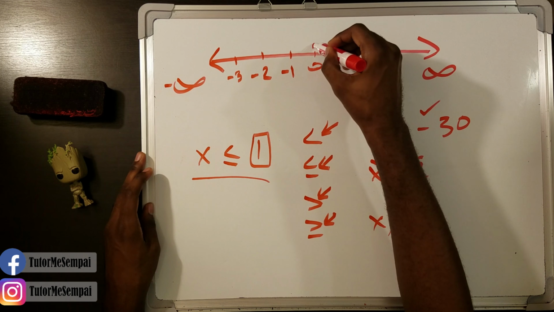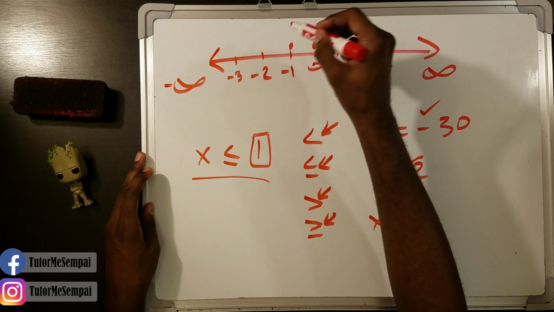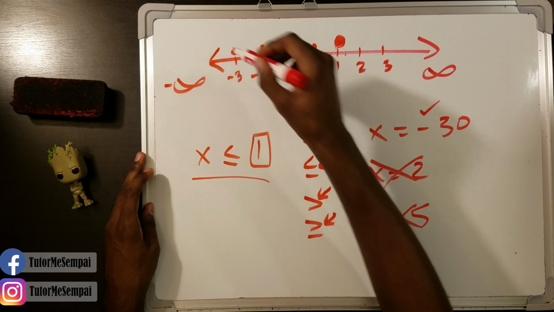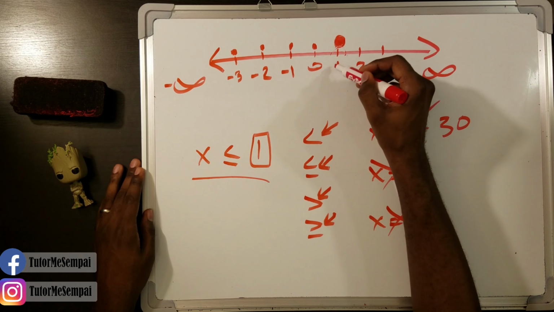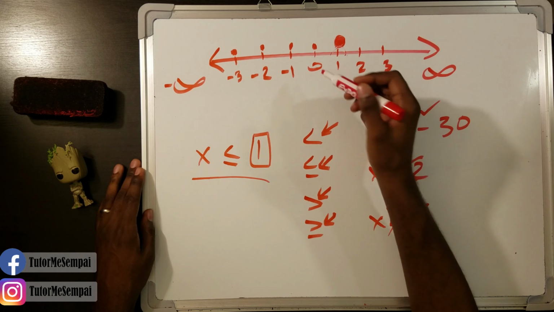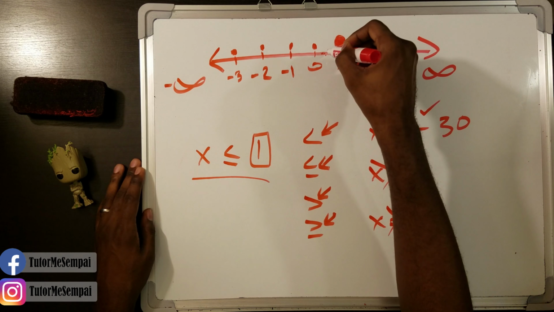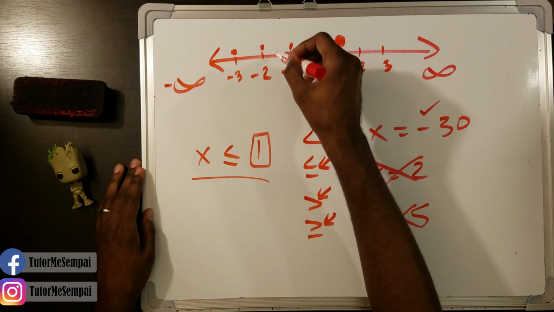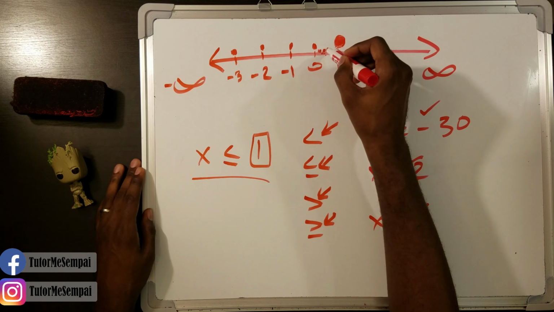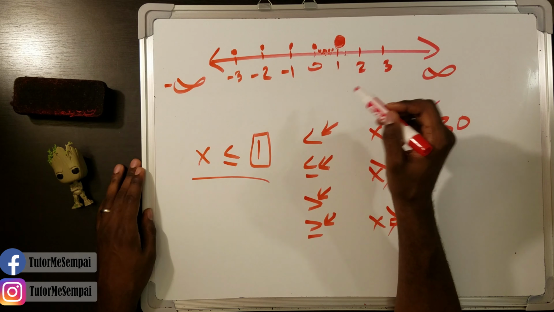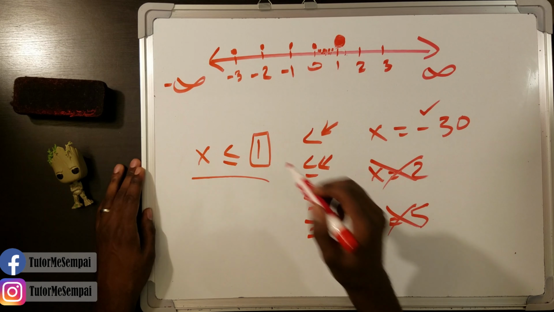So this is an option, this is an option, this is an option, this is an option. All x's lower than 1 are options. Well, how about all these little x's in between? The halves and the negative halves and the negative 1/2. Well, all these points are also less than or equal to 1.